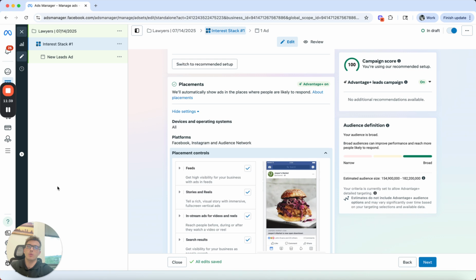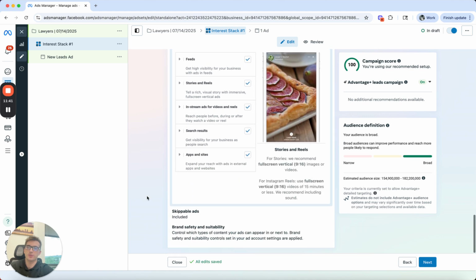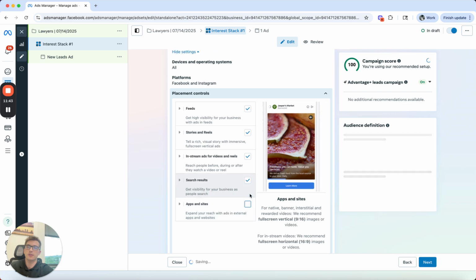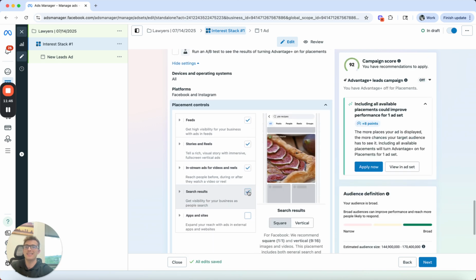So what you want to do is go to placement controls and completely check off apps and sites, completely check off search results. Oops, my light just went off.